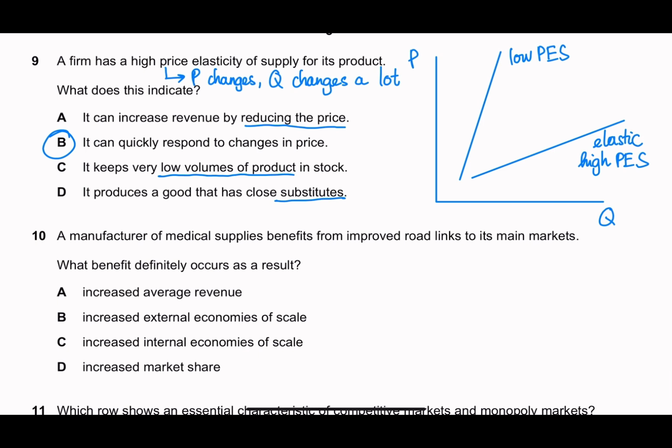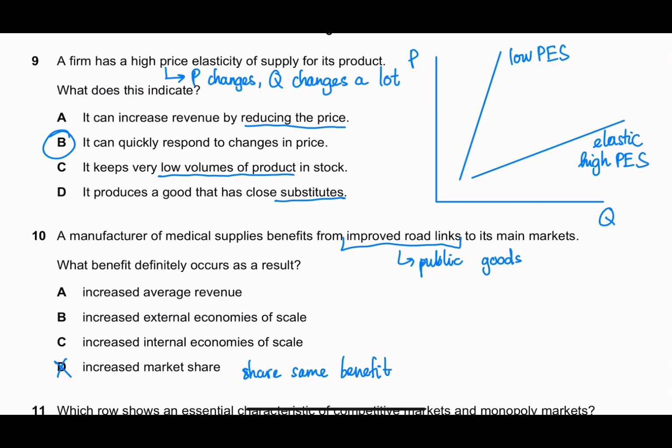So question 10, a manufacturer of medical supplies benefits from improved road links to its main markets. So improved road links is a public good. So all of the firms would be likely to benefit from this improvement in public goods. So the firm would not increase their market share because everyone shares the same benefit.